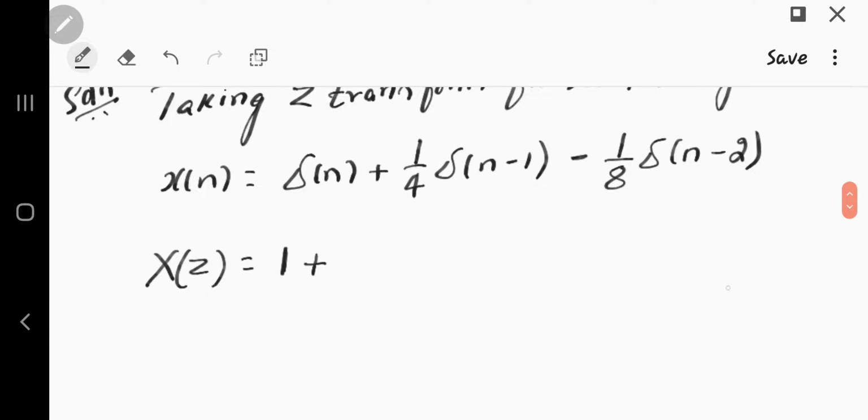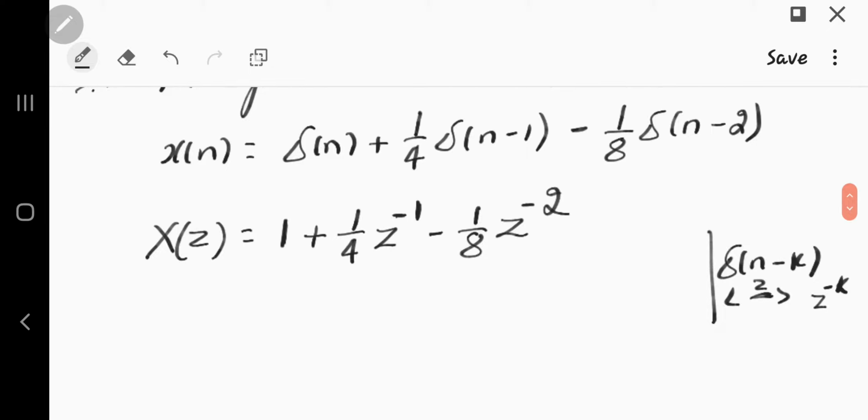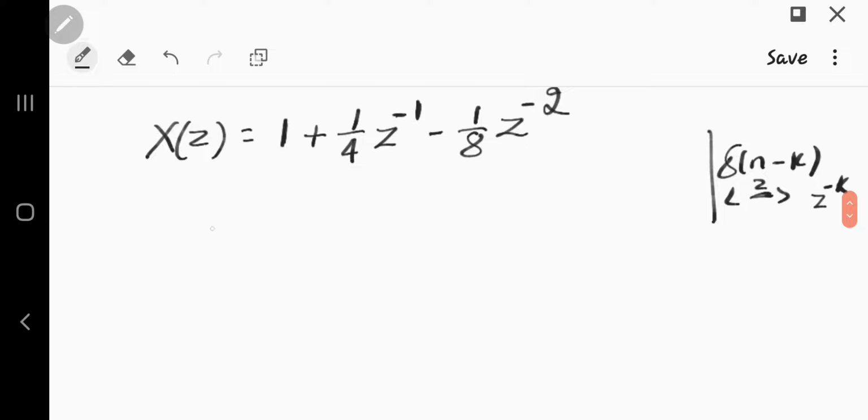If you remember, delta n minus k has z transform z to the power of minus k. Here k is 1, so we get 1 by 4 z to the power of minus 1. In the same way, minus 1 by 8 into z to the power of minus 2. So this is the z transform x of z.